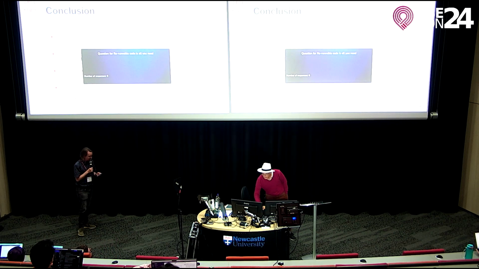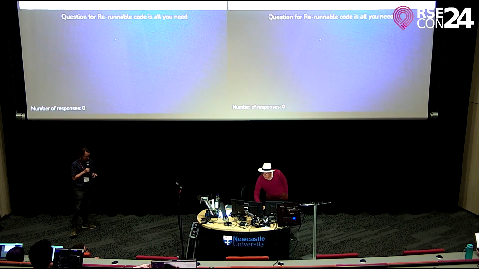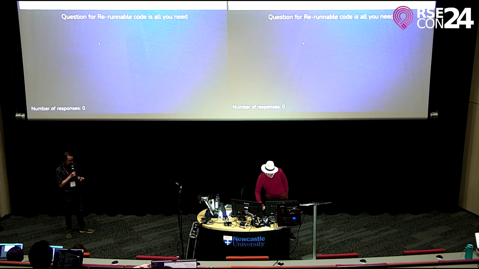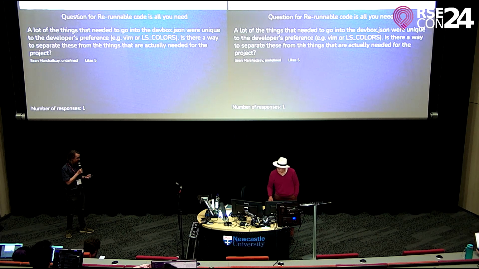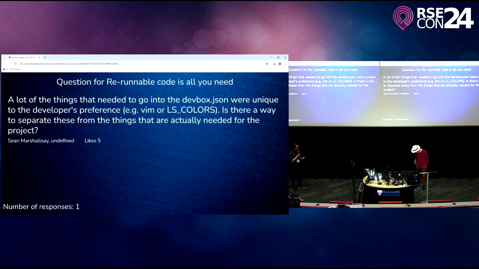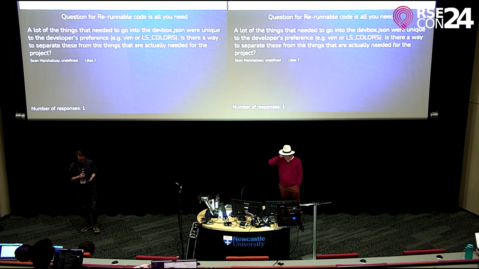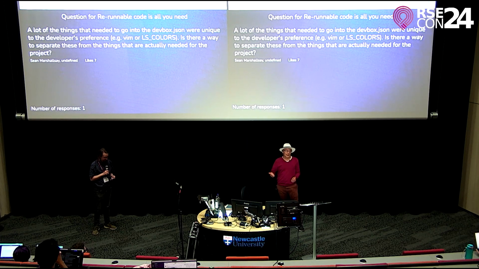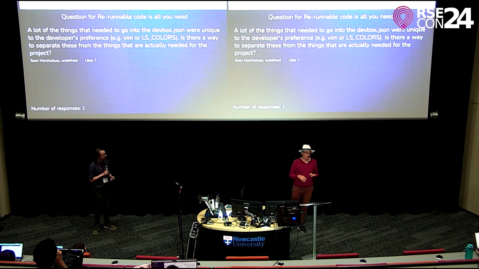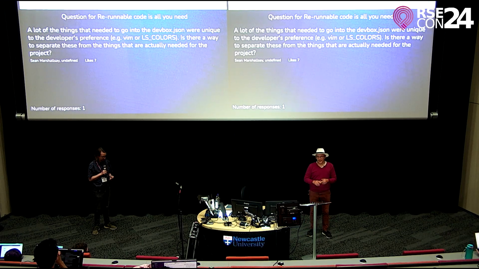Right, so the first question from Sean: a lot of the things that needed to go into the devbox.json were unique to the developer's preference, e.g. Vim or LS colors. Is there a way to separate these things from the things that are actually needed for the project? Yeah, very good question. I ask myself this also. So it's not only LS colors, but for the environment, I sometimes even add VS Code, so for the editor, so that I can have the environment also in VS Code.